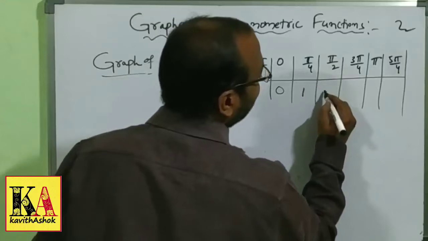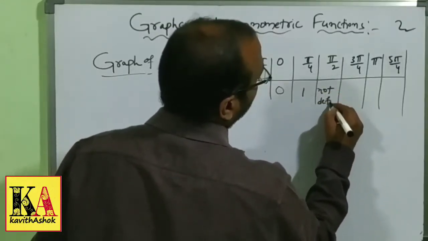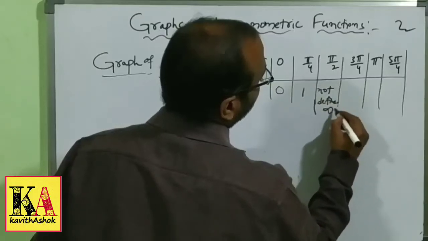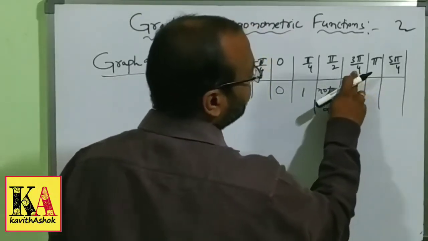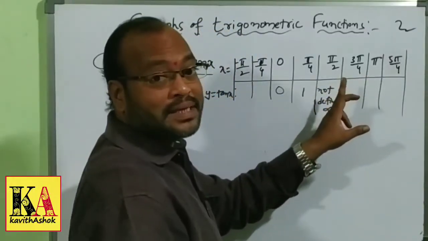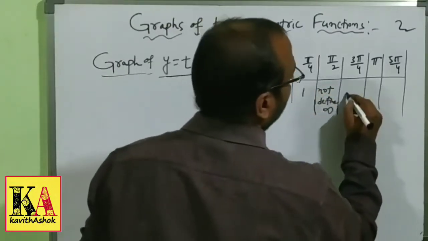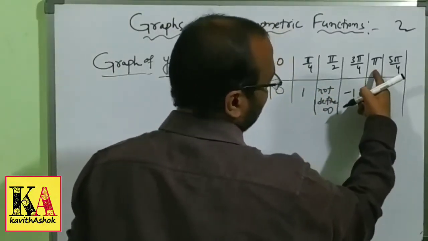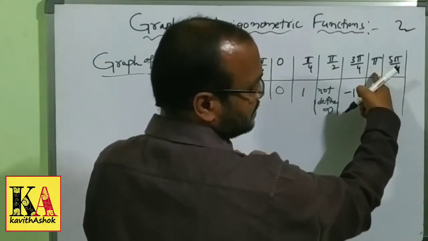Tan 90 is undefined or not defined, or simply we can take this as infinity also. And tan 3 pi by 4 means tan 135, tan 90 plus 45. So second quadrant, that is cot 45. This is minus 1. Tan pi is nothing but tan 90 plus 90, cot pi, which is 0.